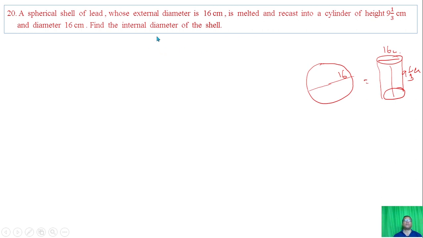Find the internal diameter of the shell.